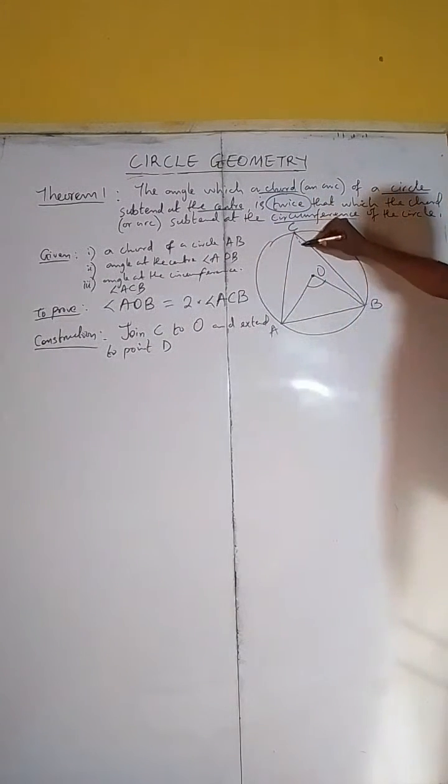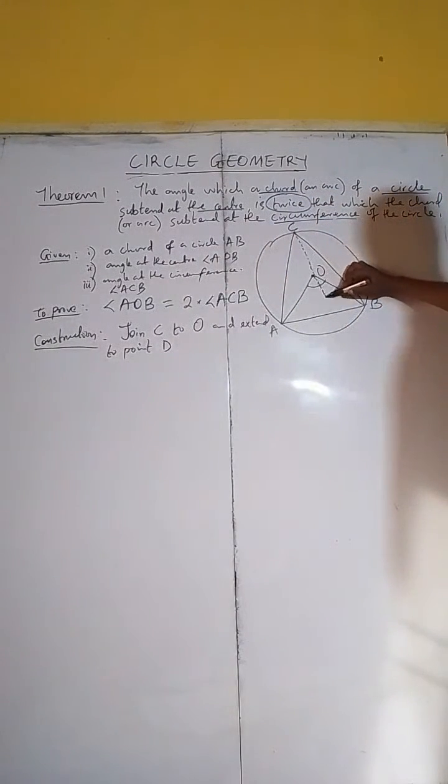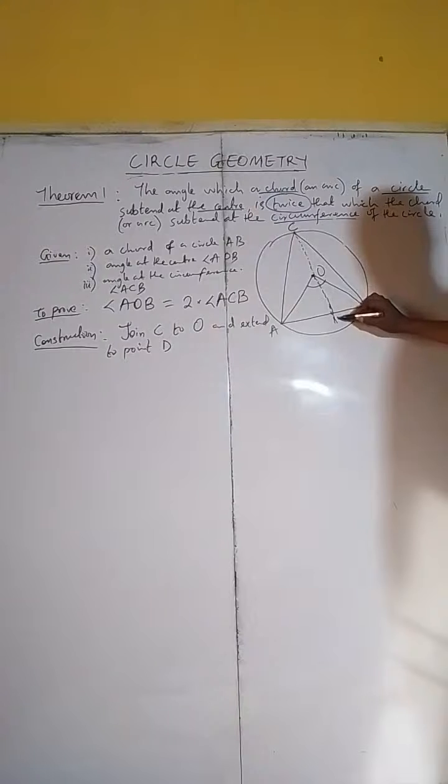So we join this point to point O and we extend it to point D. Let's call this point D. We can draw it and extend it out to where we want, and we can stop it somewhere here. We should just make sure it's past the point O. So we have D here.